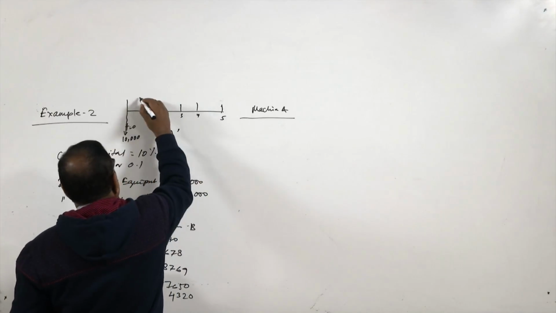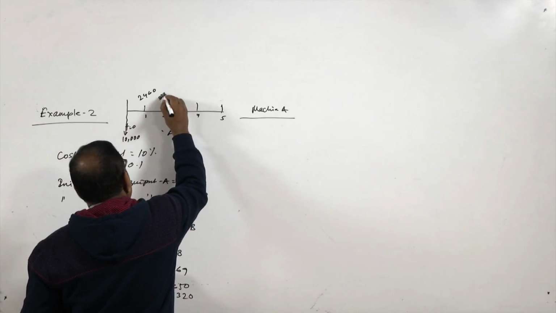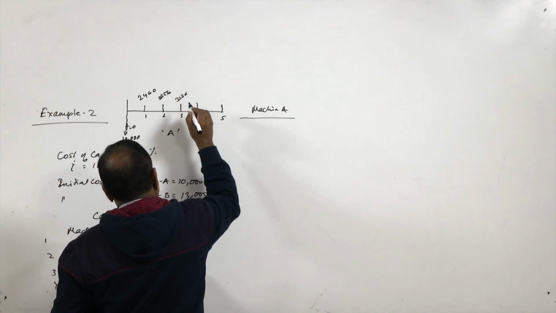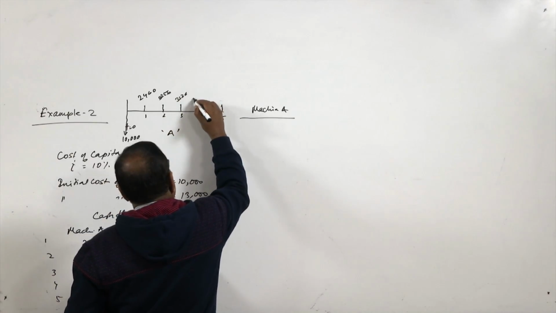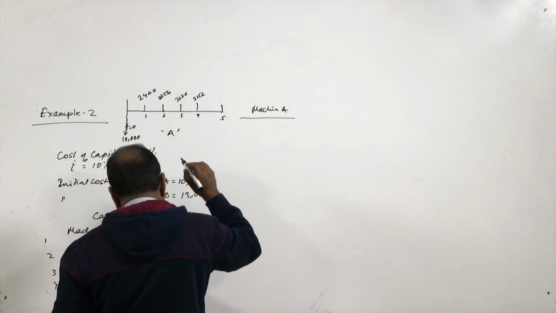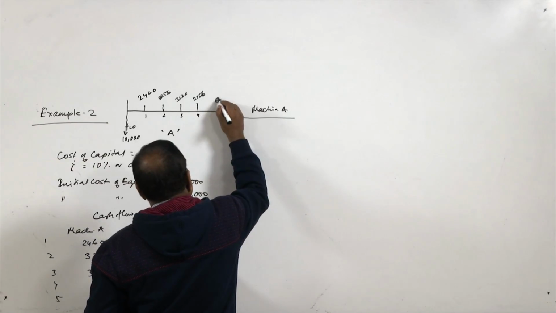These values are 2460, 3256, 3326, 2156, 5210.